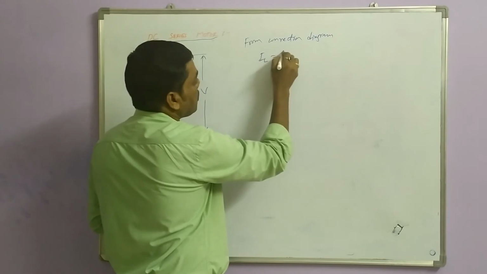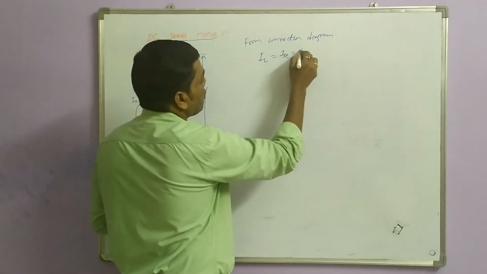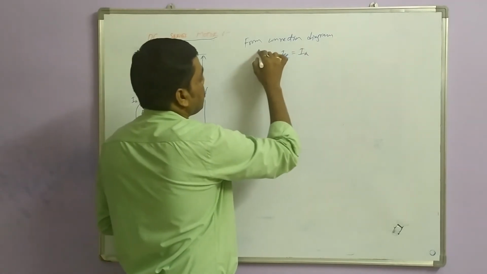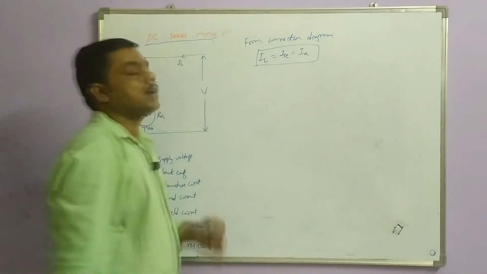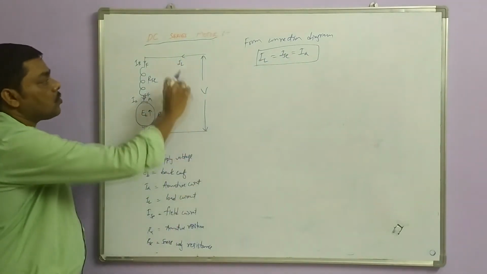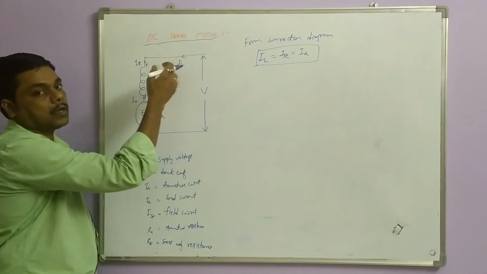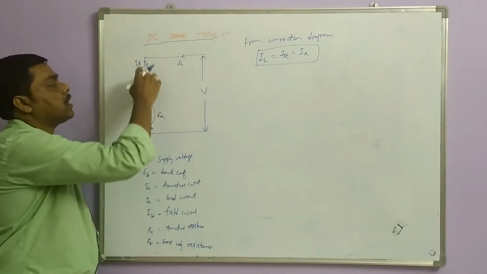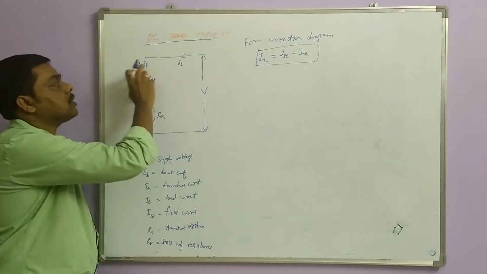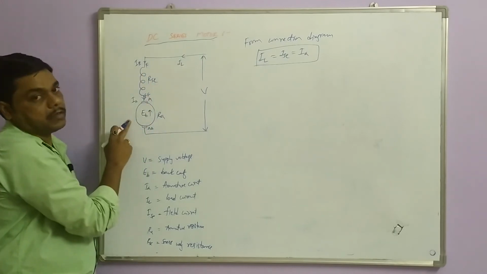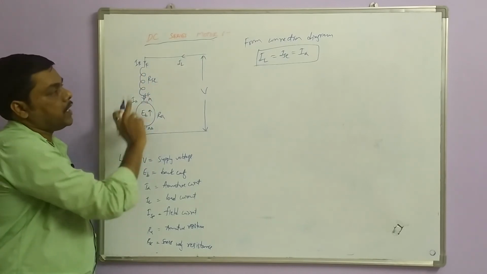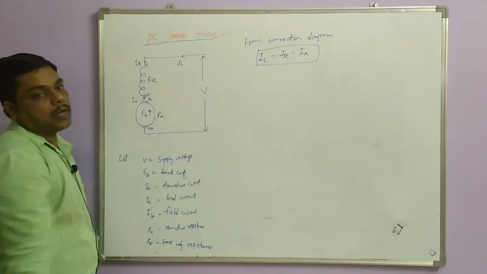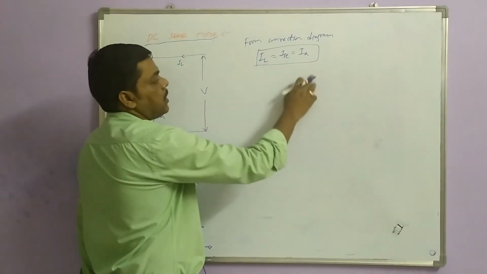So IL equal to ISC equal to IA. Now all the three currents are the same. So the same current is flowing to the load coming from the voltage input, and the current flowing through the series winding is the same as the load as well as the armature winding also. So IA equal to ISC equal to IL, these will be the current relations.